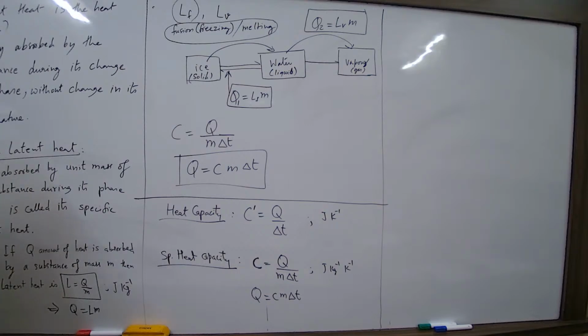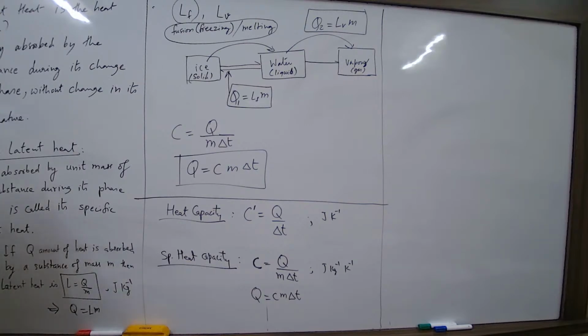So it absorbs 4180 joule. 1 kg of water, when heated, it will absorb 4180 joules of heat energy to raise its temperature by only 1 degree Celsius. Okay? So that is the stress.